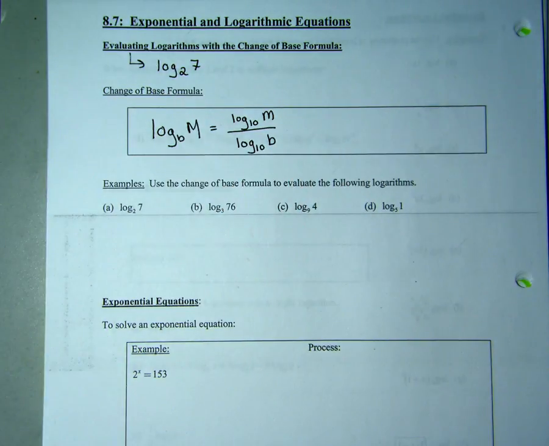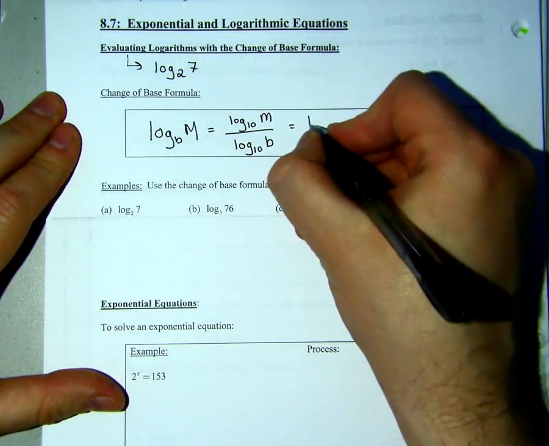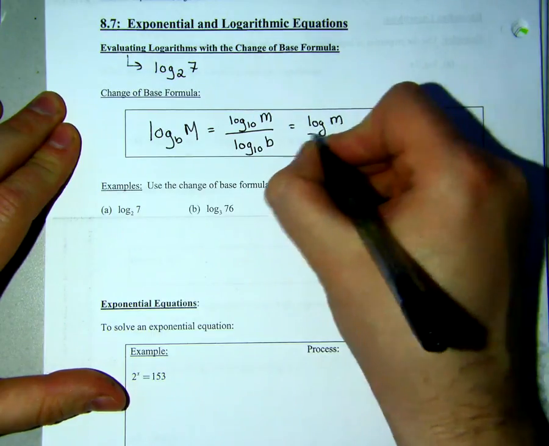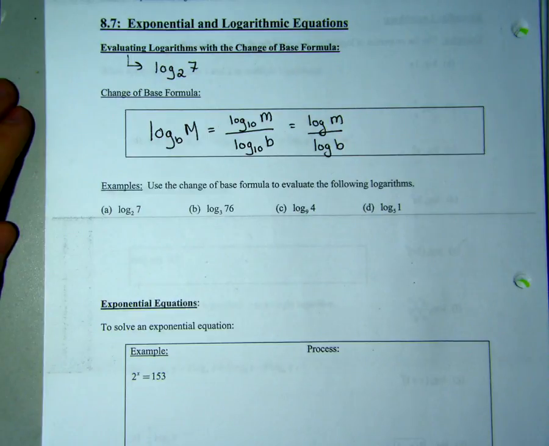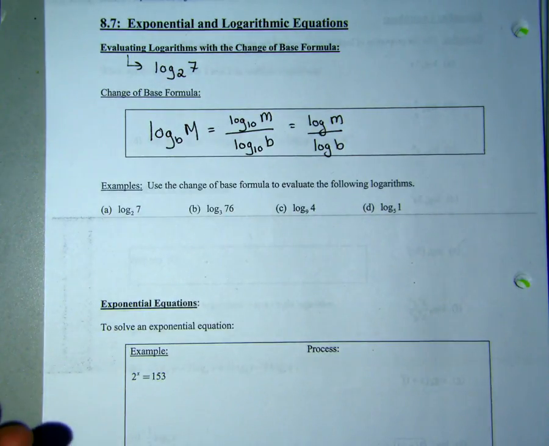I'll show you exactly how this works with specific numbers in a moment. What's the shortcut way to write log base 10? Just log. We have a log button on the calculator, which makes that nice. This is log m divided by log b. I'm not expecting this to make any sense at the moment. I promise it will in like 10 seconds.